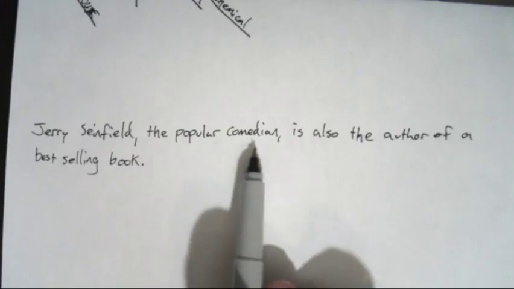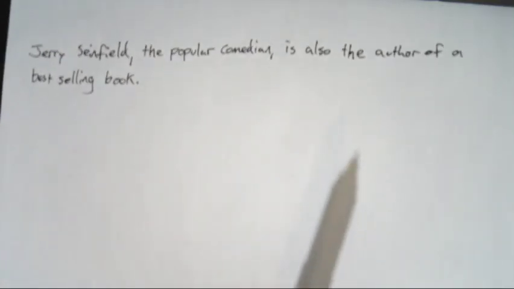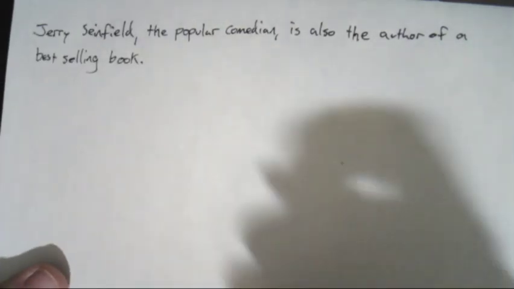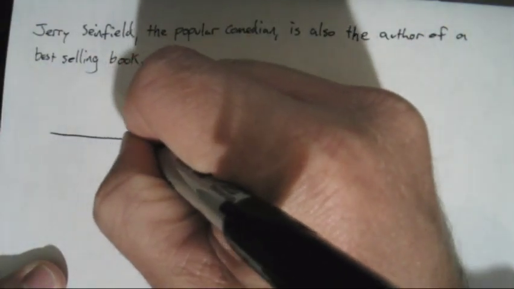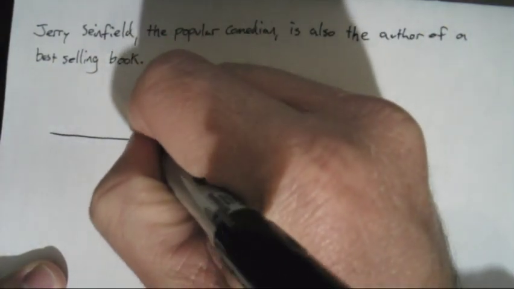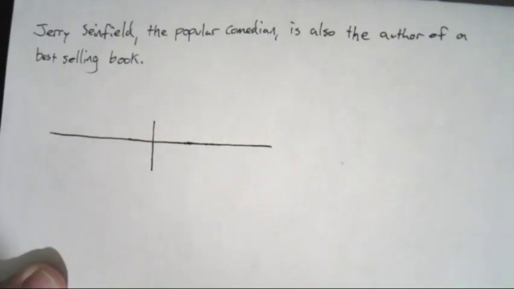That whole thing is an appositive phrase. So let's see how we would diagram that. And this one's actually going to take quite a bit of room, because we got a big old long sentence here.